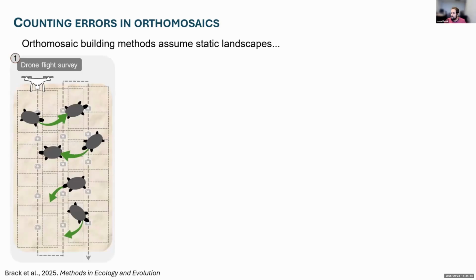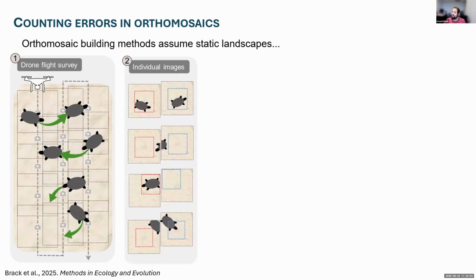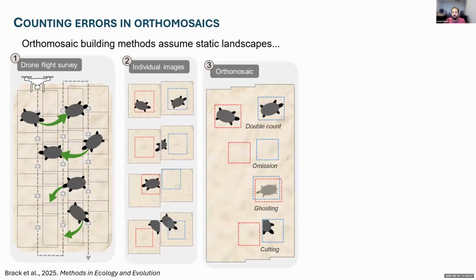Imagine a flight like this, in which we are flying these different lines with overlapped images with moving animals. Here we have the individual images, and then different types of error can arise when counting these animals.